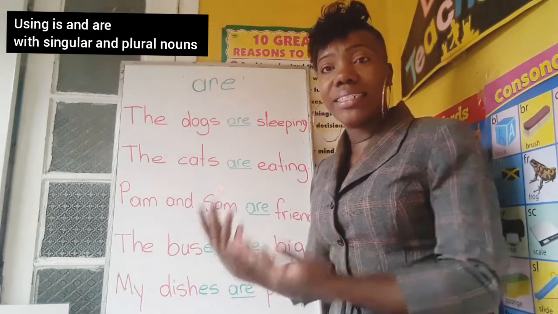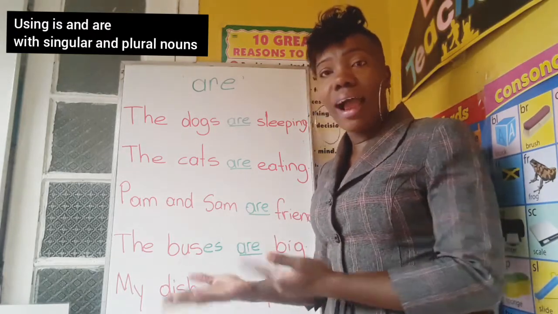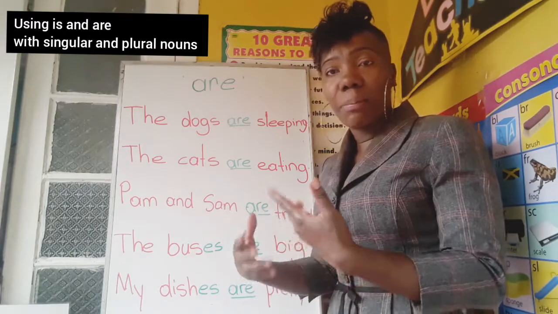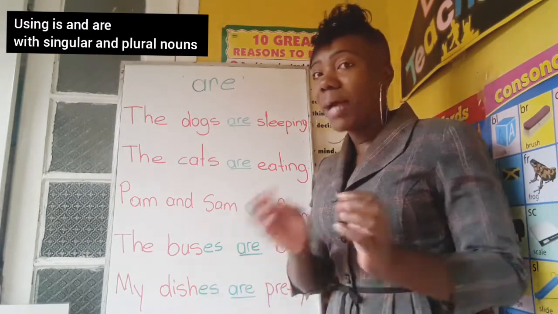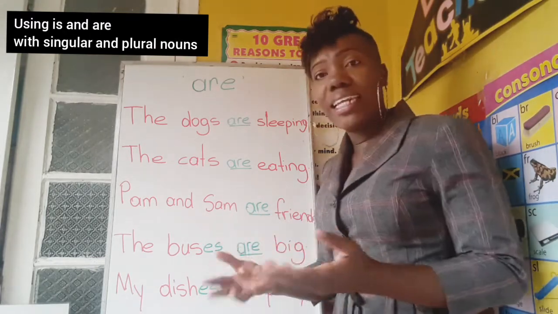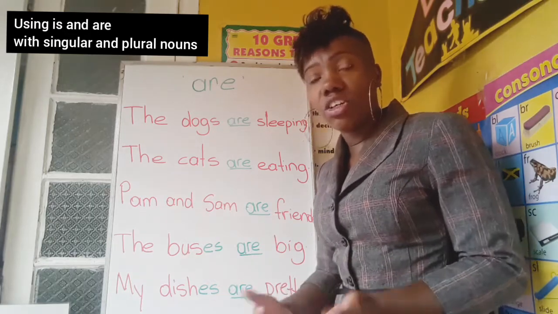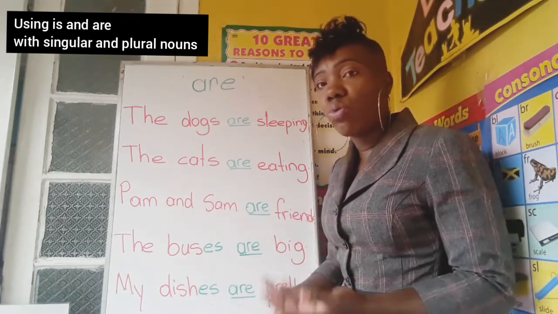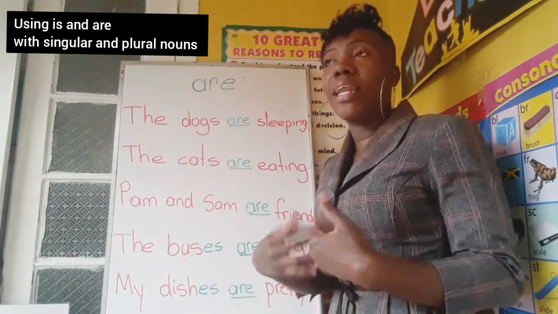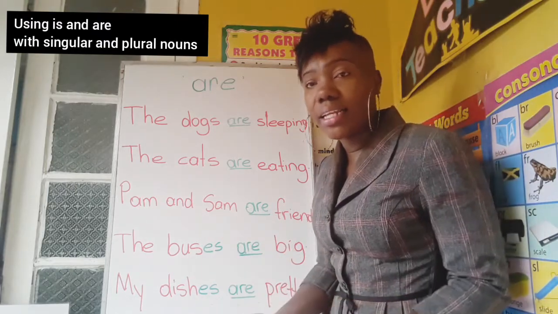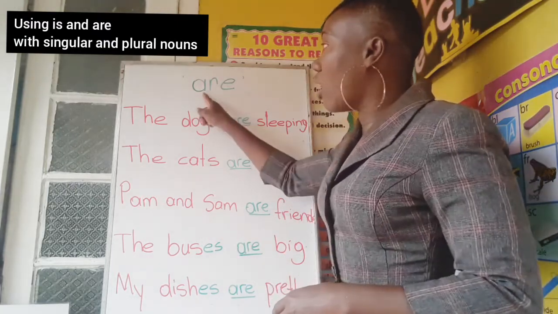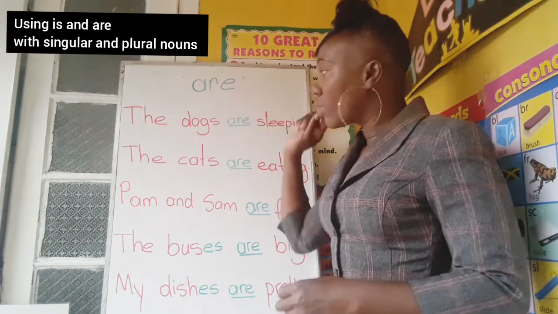So dog them would be like are, or them would be the plural form for are in patois. But as I said, we have to still learn English so that we can communicate with people who are speaking English or in places that require standard English. So we're going to talk about are now.